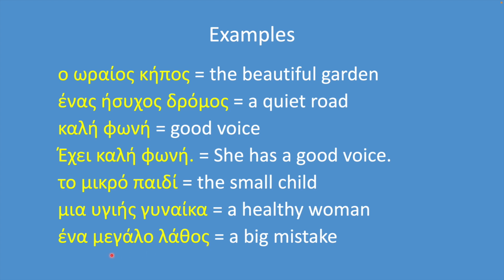The noun λάθος ends in os, but the adjective ends in o. So when we talk about agreement between nouns and adjectives, we mean gender, number, and case, not endings. That's why it's so important to learn each new noun with its article so that you will know the gender.